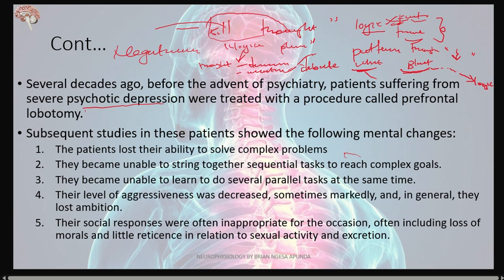So that is the logic pattern. They became unable to learn to do several parallel tasks at the same time, and remember, that is essential, as we'll be able to see. Their level of aggressiveness decreased, sometimes markedly, and in general, they lost their ambition. So they were just there.